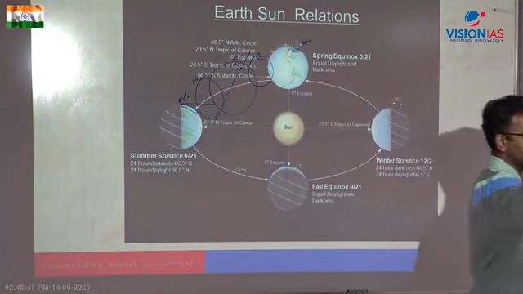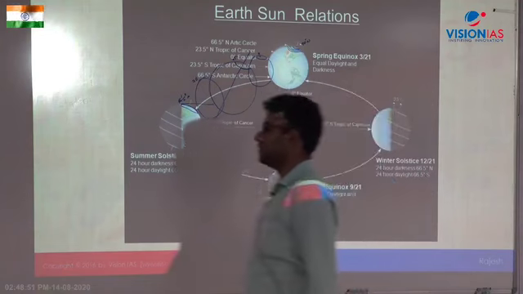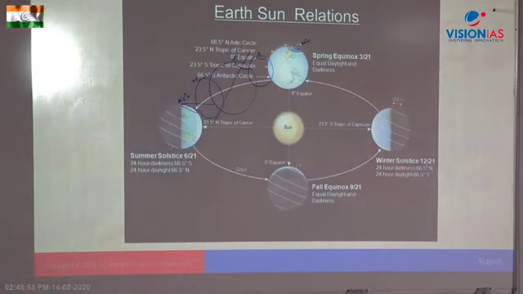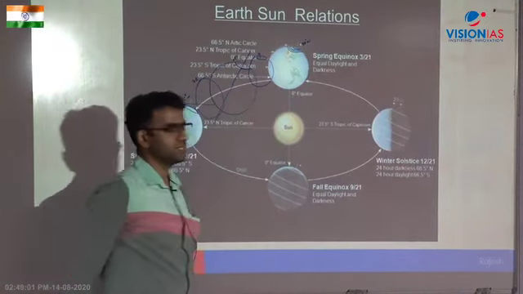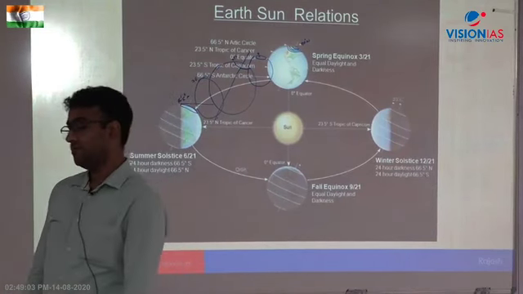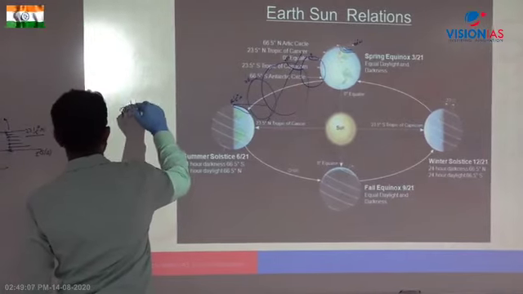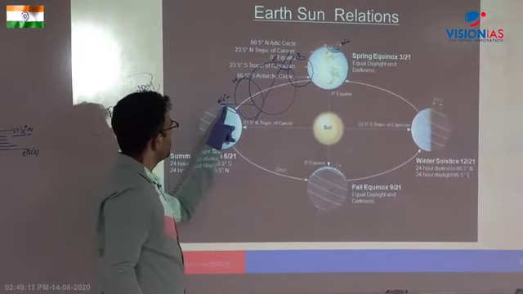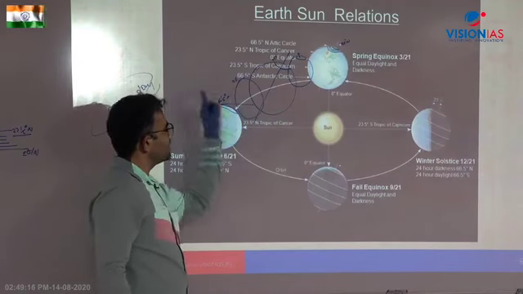That is the maximum extent up to which the 24 hours of sunlight would reach. Whichever region is receiving 24 hours of sunlight, we call it polar day. What is polar day? Polar day is when we receive the sunlight for 24 hours continuously.